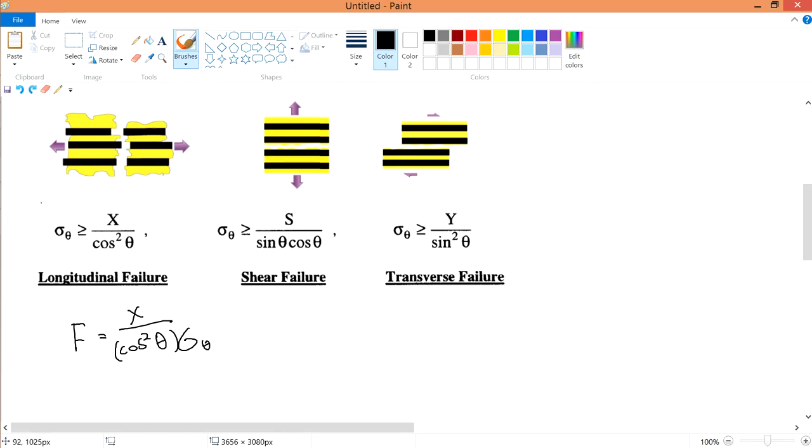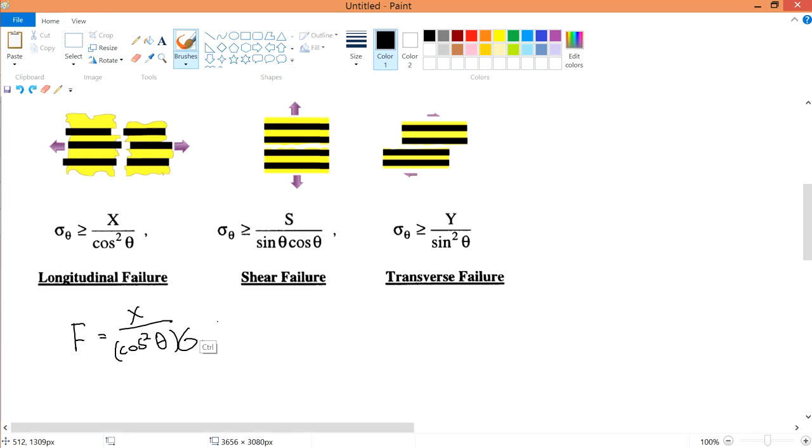This is the applied stress, this is the applied stress, and this is also the applied stress. So it's a ratio between the strength of the material divided by the applied stress. I repeat, it's the strength of the material divided by the applied stress.